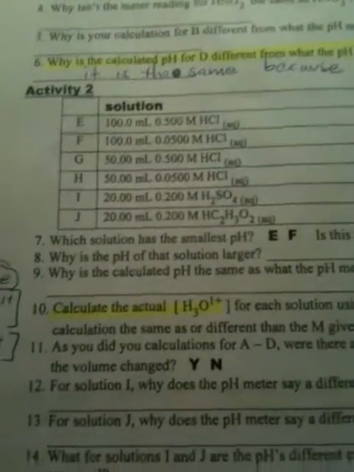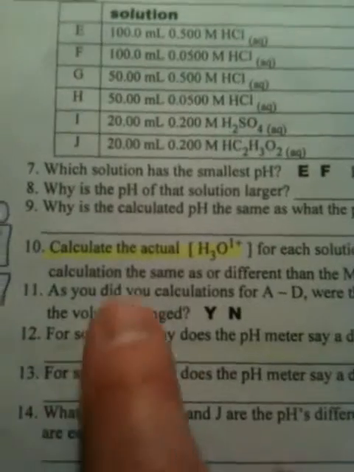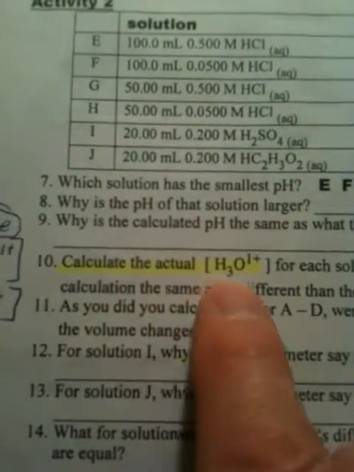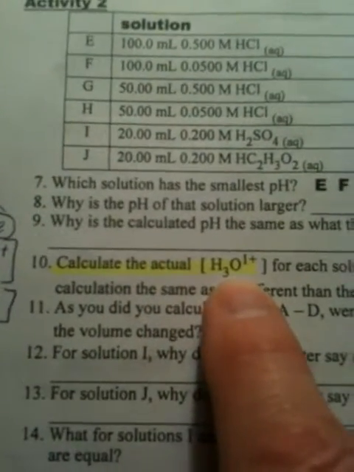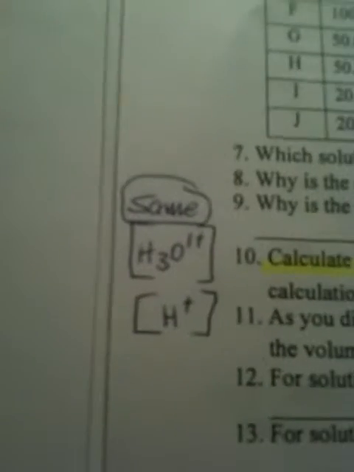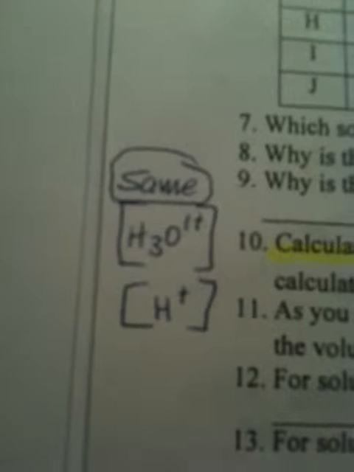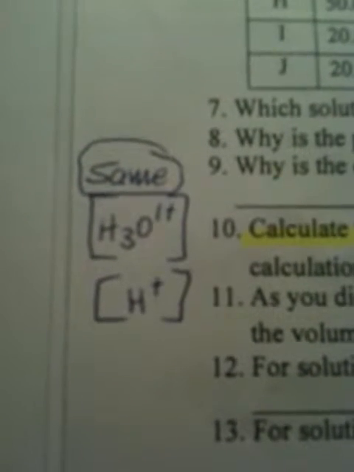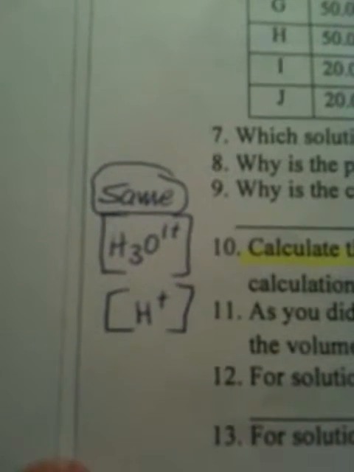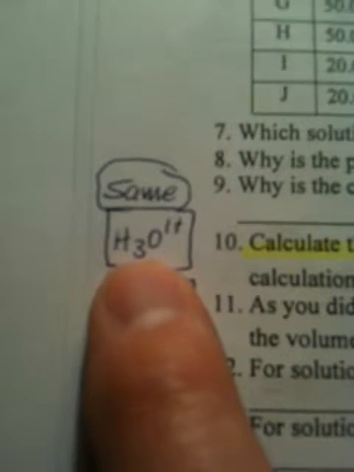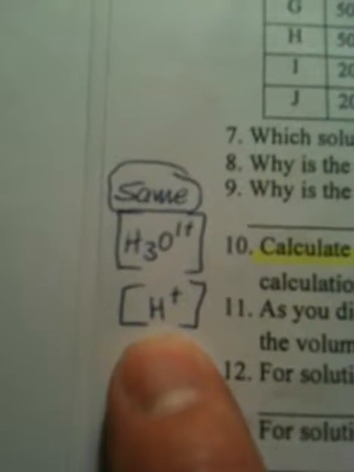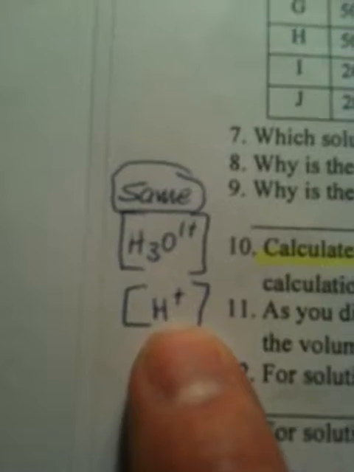And then the last thing down here to change, or not to change, but to make sure you understand, is that you're supposed to calculate the total hydronium ion concentration. Now, hydronium and hydroxide are the same thing. Not really, but for our purposes of calculation, when I say calculate this, it's the same as if I say calculate that.